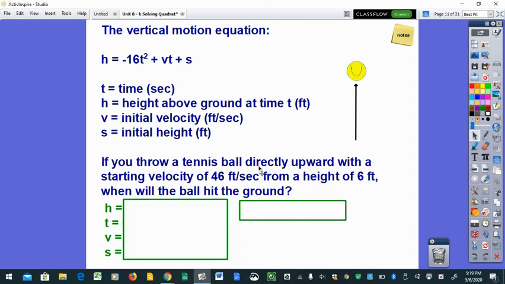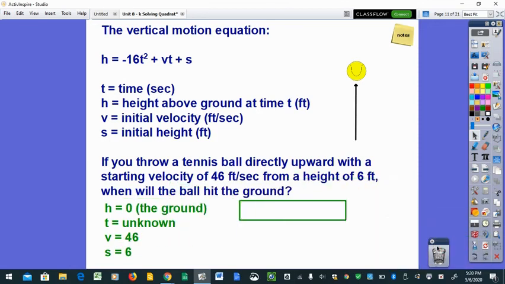And then we want to know, when will the ball hit the ground? What is the height of the ground? It is 0. We want to know when the H is 0. When did it land on the ground? So these are the values that we're going to put in for our variables. H, the end height, or the height at a given time, in this case the ground, is 0.